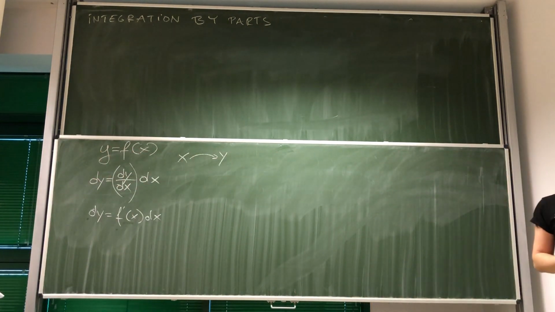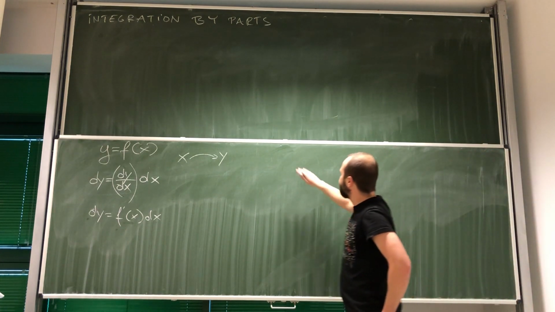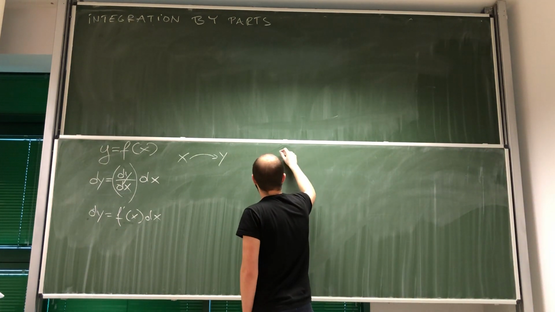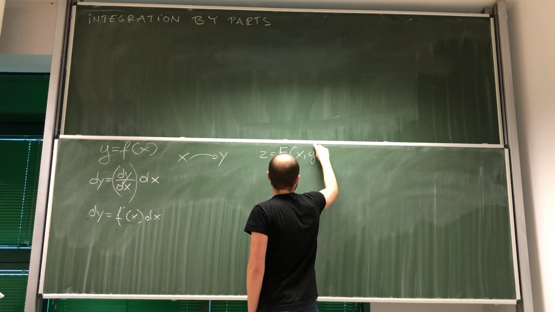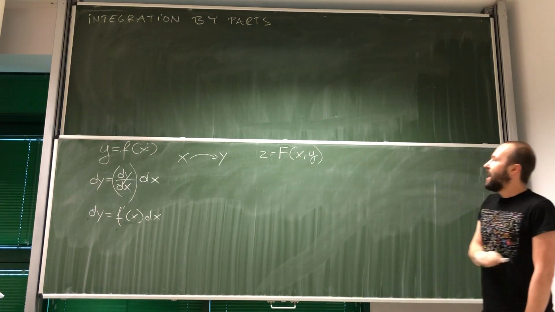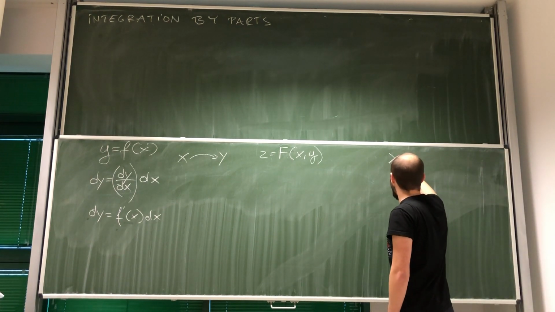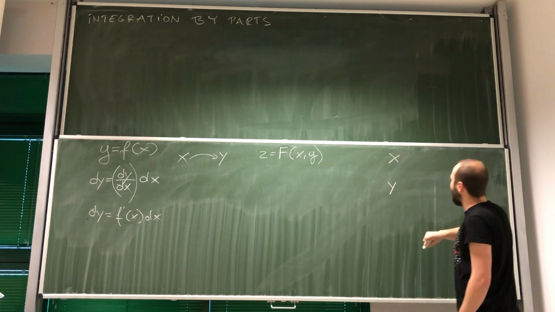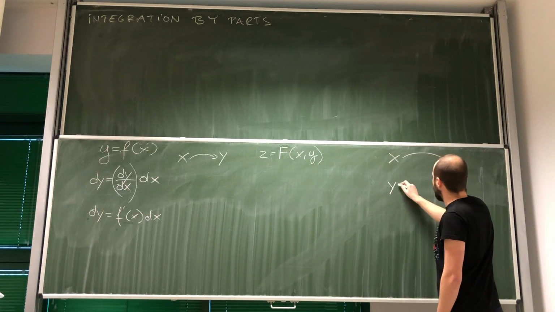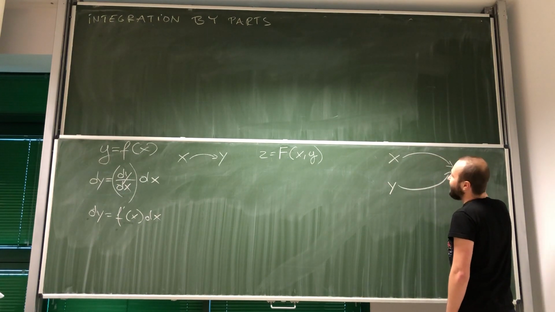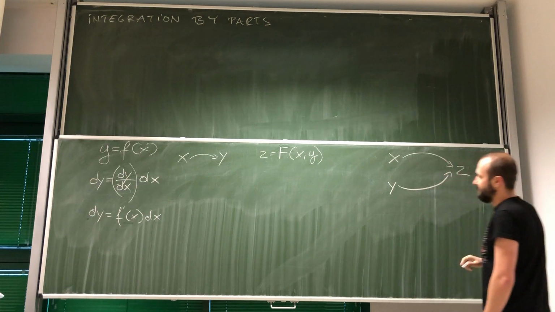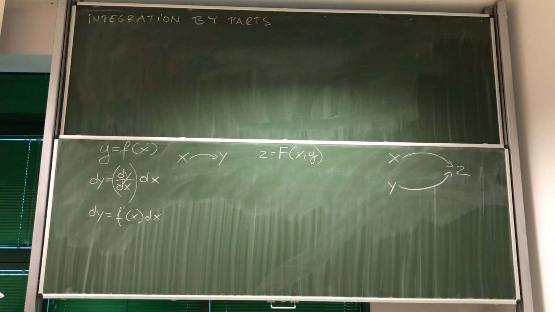Look, what if we would have a situation like this? That we've got some function. Let's just say that z is a function of x and y. So, how does the map of influence look over here? Look, we can have a situation that x and y both can influence z. But how do they individually influence z?